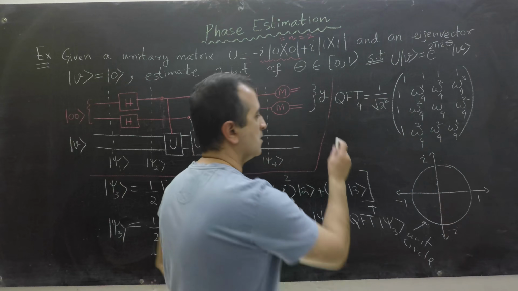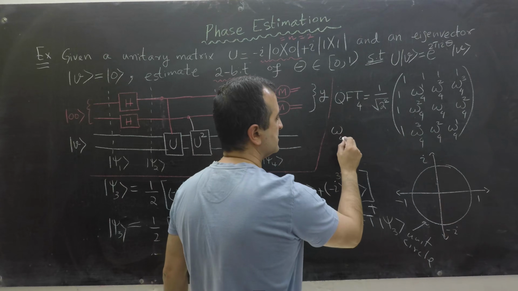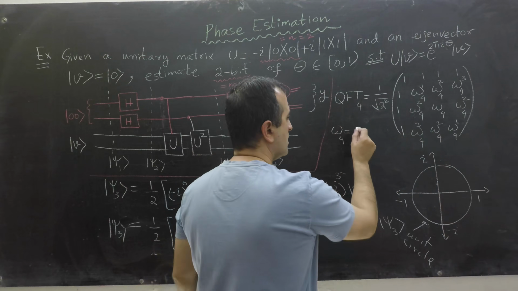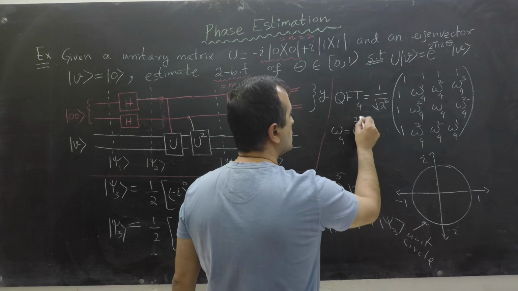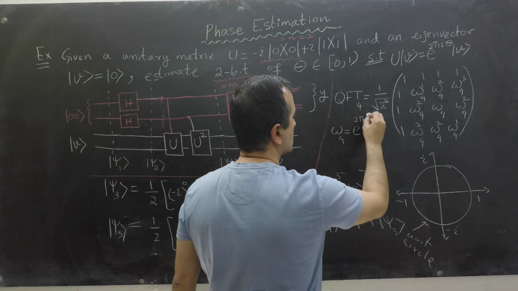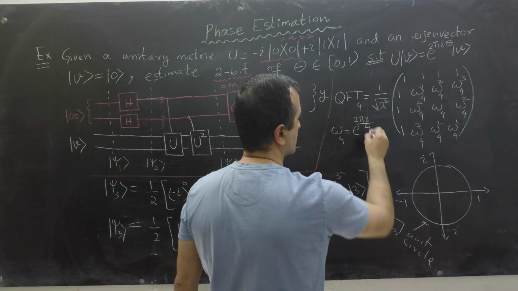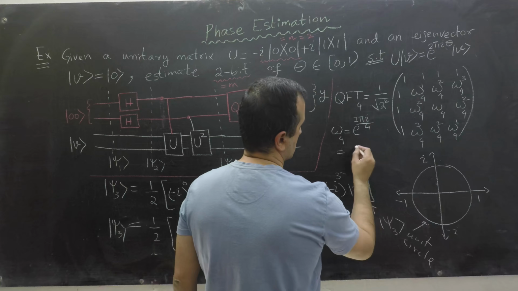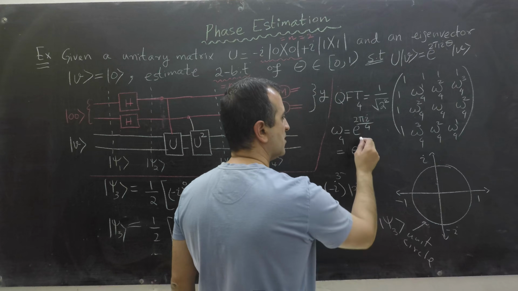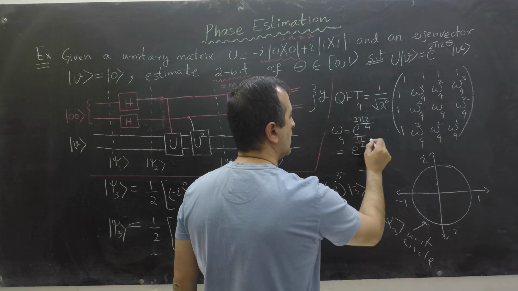Now, omega 4 is defined as Euler's constant raised to the power 2 pi iota over 4, which simplifies to e raised to the power pi by 2 iota.